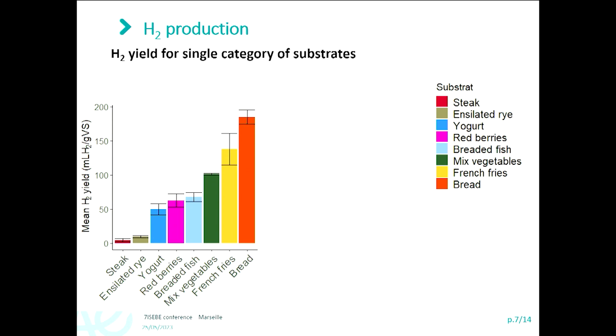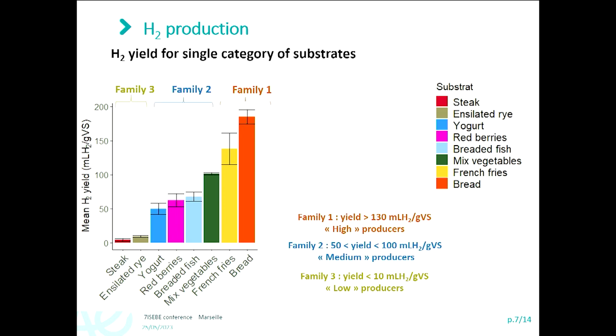Regarding the results, here you have the yield of hydrogen production for the single category of substrate, for the 8 individual substrates. We can classify these substrates according to their performances in hydrogen production. The first family corresponds to a high production, with a yield superior to 130 milliliters of H2 per gram of volatile solids. Then you have the intermediate family, for an intermediate production of hydrogen, and then the low family, which corresponds to a low production of hydrogen.